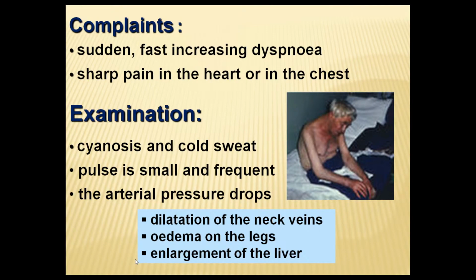Why? I want you to understand, because when you read this material in some books, you can see that a patient with acute right ventricular failure is characterized by dilation of the veins, edema on the legs and enlargement of the liver.